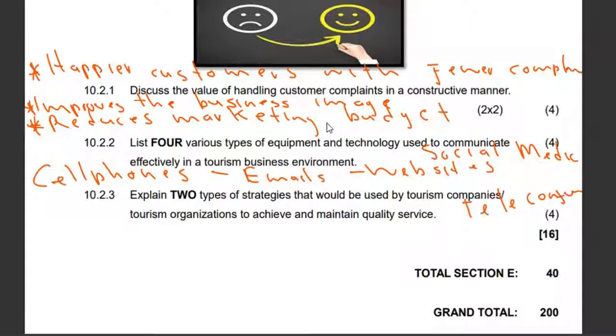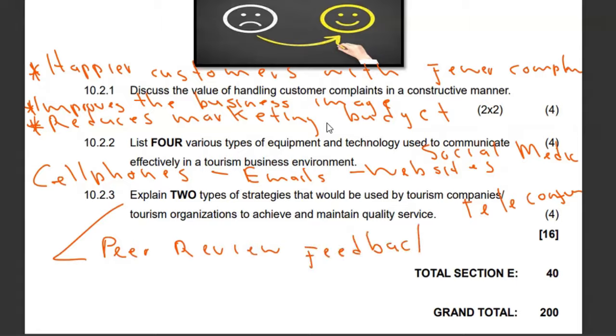Then moving on to the next one, explain two types of strategies that could be used by a tourism industry or organization to achieve and maintain customer service. So you do what is called peer review. Ask your peers who are also in the tourism industry to give you feedback on whether you're doing the correct thing or not. So it's called peer feedback. Then we also have quality control, whereby you control quality.